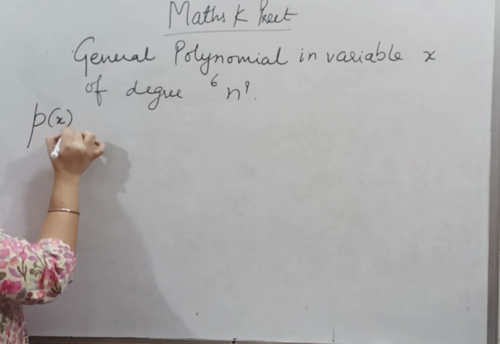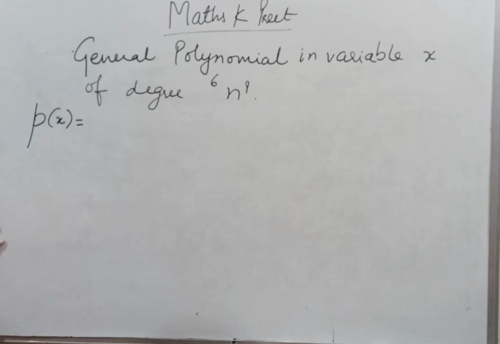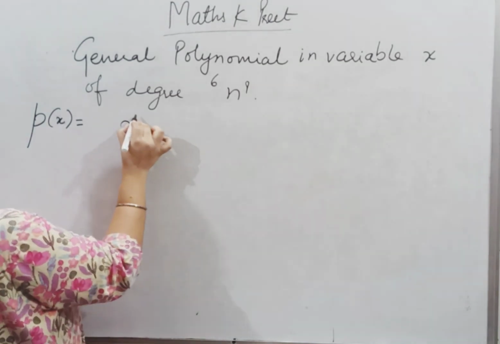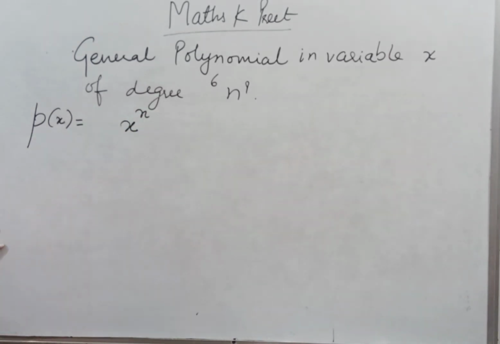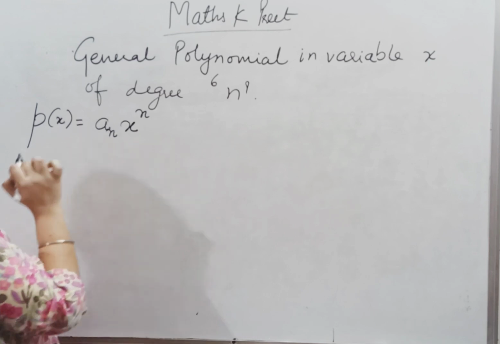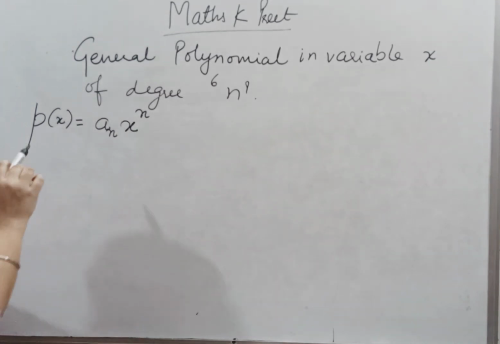Let me name this polynomial as p(x). So if it is a polynomial of degree n, then we can write the first variable x raised to power n, and I am taking a n for the coefficient of x raised to power n.